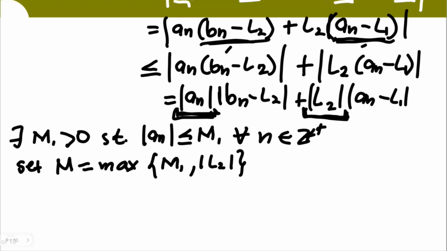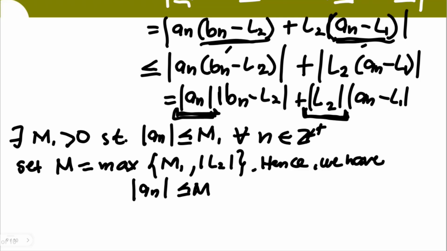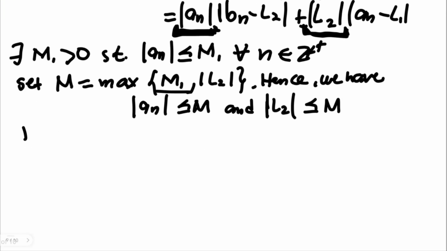Hence, the absolute value of a sub n is less than or equal to m, because whichever will be the maximum, and the absolute value of L sub 2 is also less than or equal to m. The maximum of these two would be greater than or equal to both expressions, because we would like to have this form.